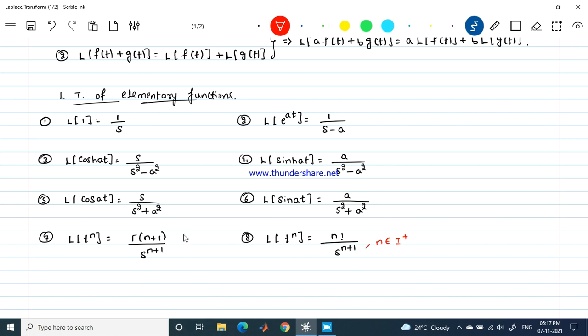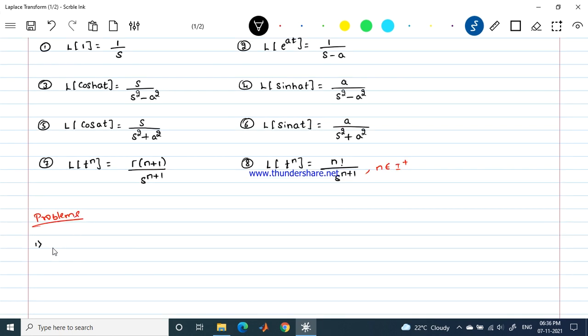This is the general formula, and this becomes a particular case. You can employ this directly if n is positive integer. Now, let me discuss problems which use the above formulae.